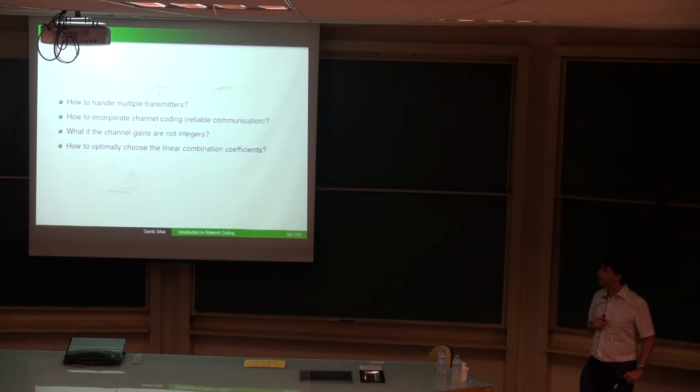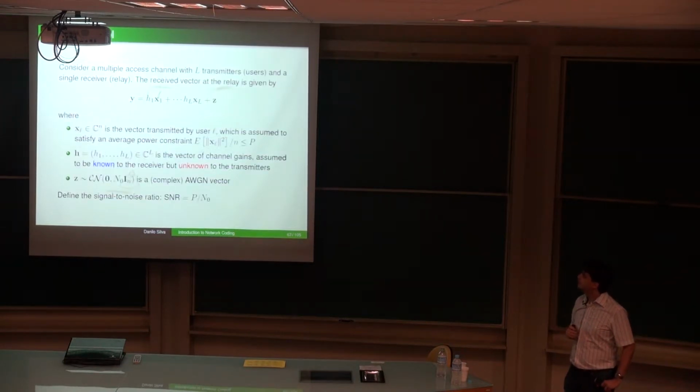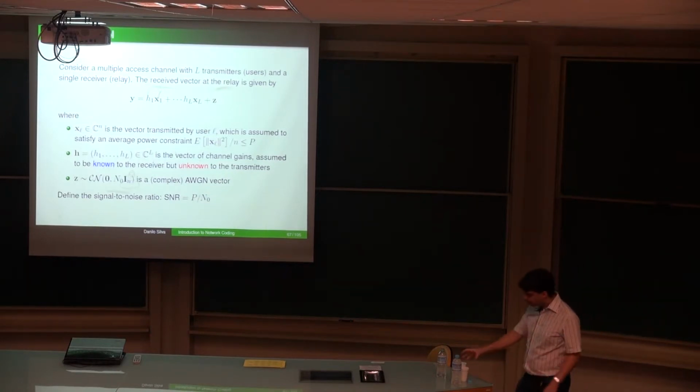What if the channel gains are not integers? We only consider integers. And in the case that the channel gains are not integers, how can you optimally choose these linear combination coefficients, which have to be integers? These are some challenges. So let me go to the general model.